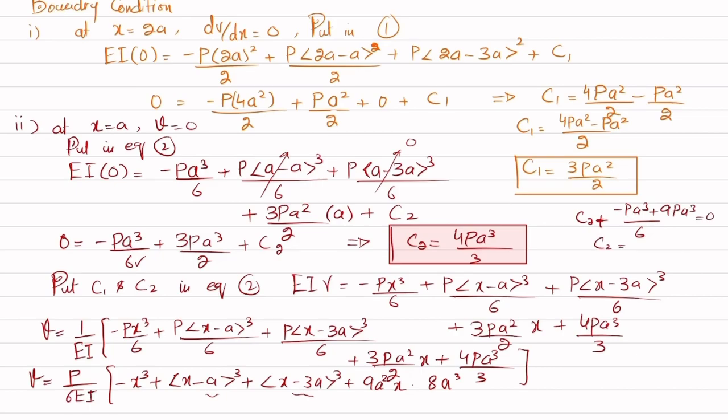So C2 plus 8pa cube over 6 is equal to 0. So 2 4s are 8, 2 3s are 6, so this is minus 4 over 3. So correct it. This value is negative, and this is minus a cube.